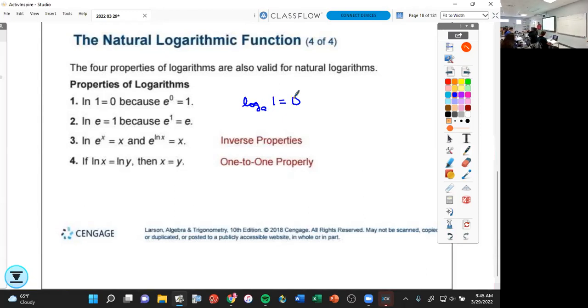This is the same thing as saying log base e of 1 is 0, but instead of writing log base e, we write natural log. So a natural log, folks, is a logarithm. It just has a specific base.